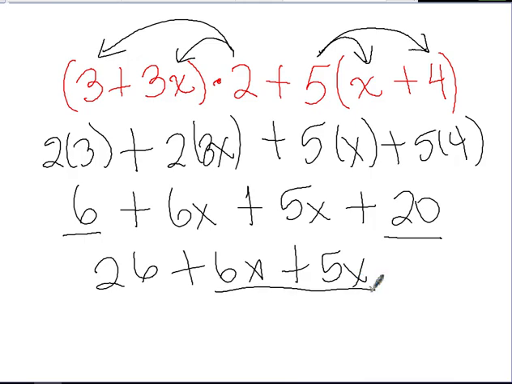And I know 6x and 5x can be combined, so that's just going to be 11x. And I bring down the 26 plus 11x. And now, since the 26 and the 11x do not have the same last name, they are not like terms, and therefore I can't do anything else with that. And so I'm done.